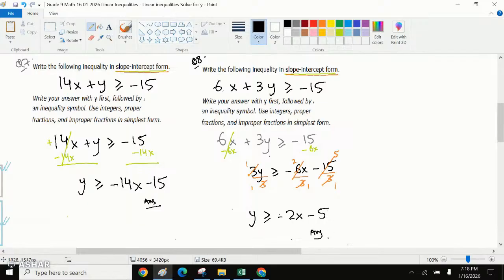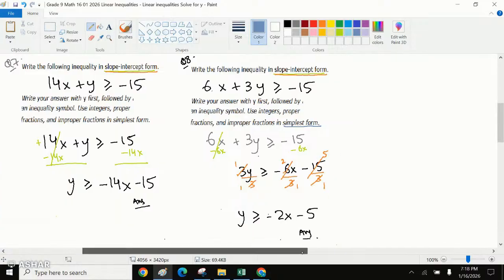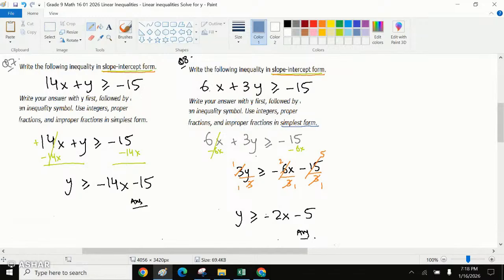Or I can leave it in the previous form as well: 3y is greater than or equal to minus 6x minus 15. Preference is simplest form because they are saying in the question, answer in simplest form. So we have to simplify. Wherever it's possible to simplify, we simplify. When it's not possible to simplify, we leave it as it is. Like in question number 7, negative 14 and negative 15 cannot be simplified. We just leave it as it is.